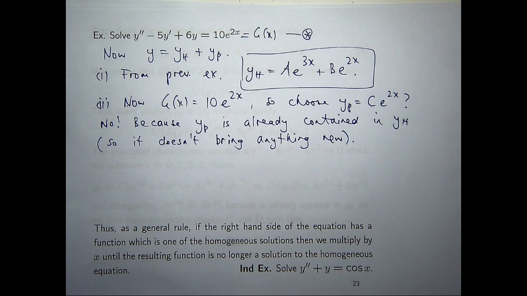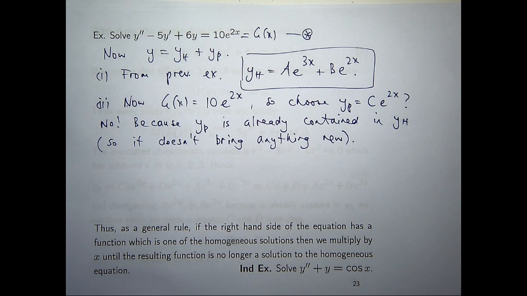Okay, so what I'm going to do is multiply that y sub p choice through by x. Now we've seen this in a way when we looked at the homogeneous problem with real and repeated roots. We had one exponential plus x times another exponential.